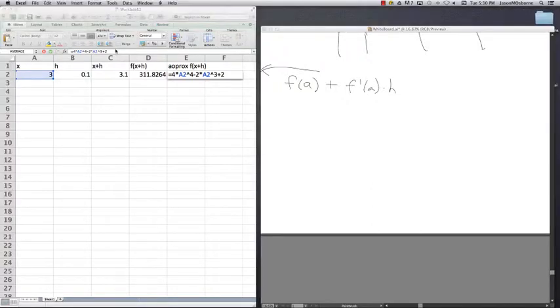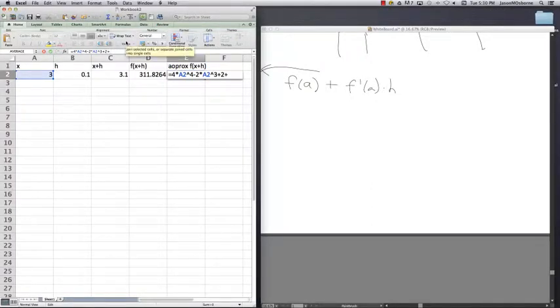So let's add on the f prime. The f prime was 16 times the x value cubed, minus 6 times the x value squared, right?